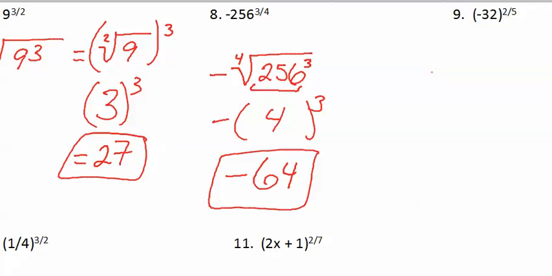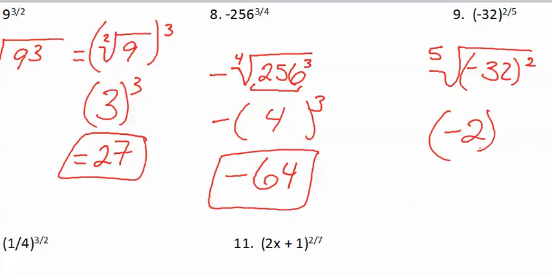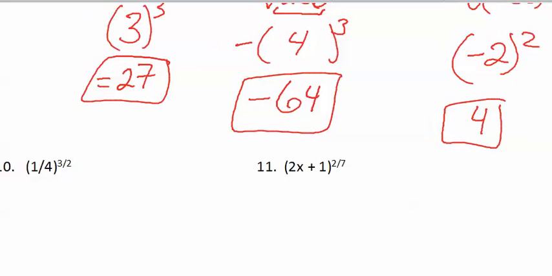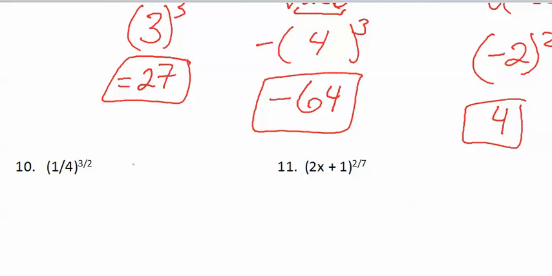Alright, number 9, we're going to take the 5th root of negative 32, and that's in parentheses, and it's going to be squared. Again, it's easier to take the 5th root of negative 32, which is going to be negative 2, and then square that, and we're going to get 4. And if we look at number 10, like we talked about before, we apply things both to numerator and the denominator.